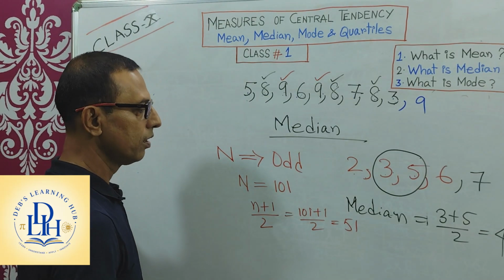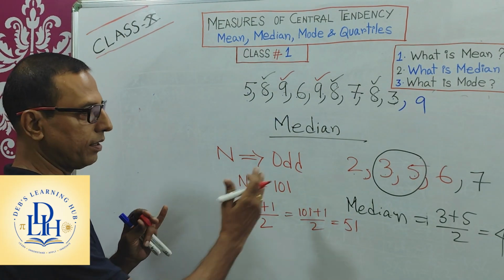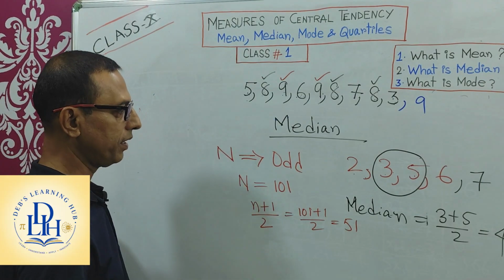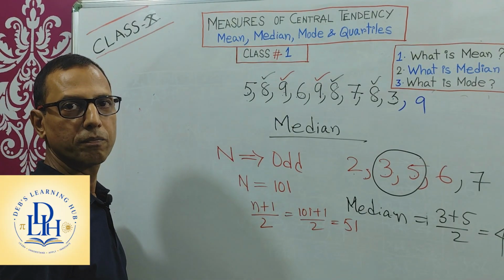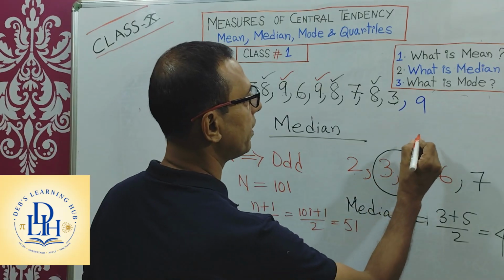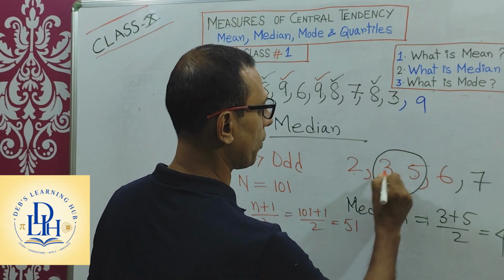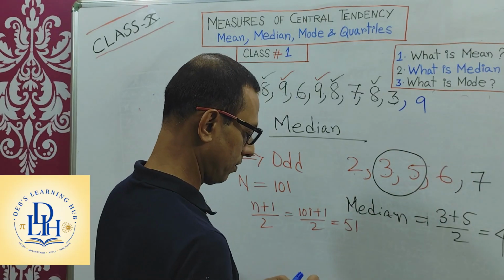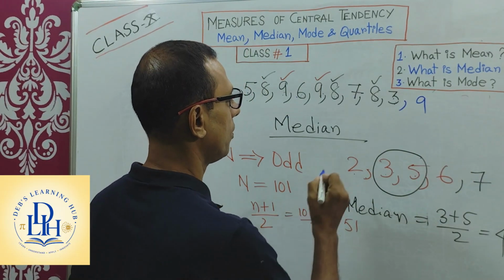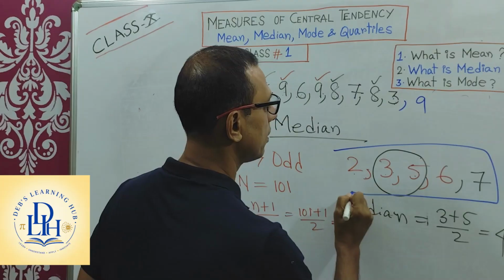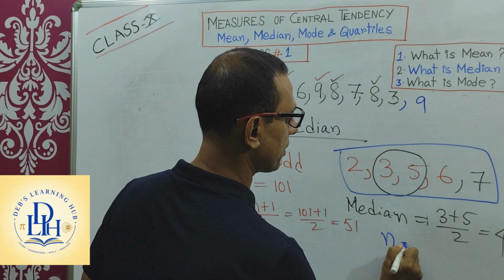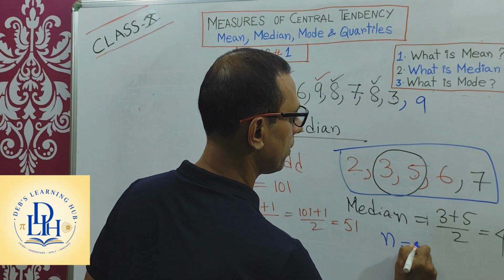The 51st term. So on this side 50, on that side 50, and the middle point is the 51st. Similarly, for this set of numbers, the total number of observations is n equals 5.